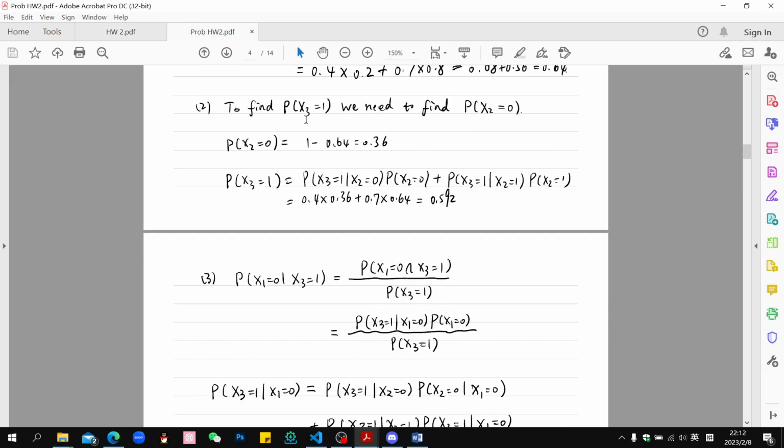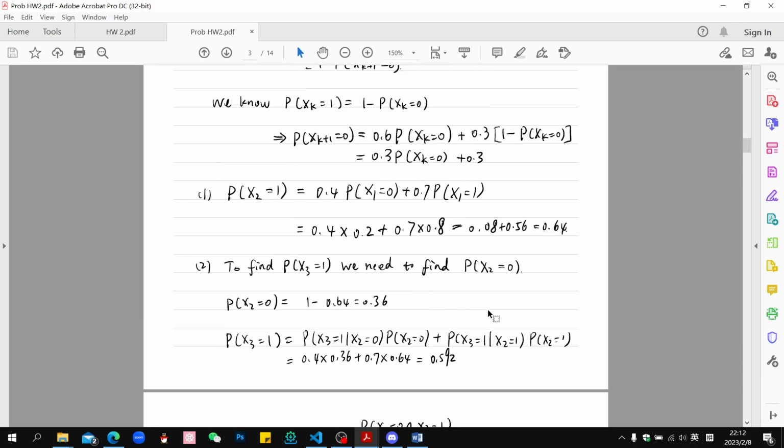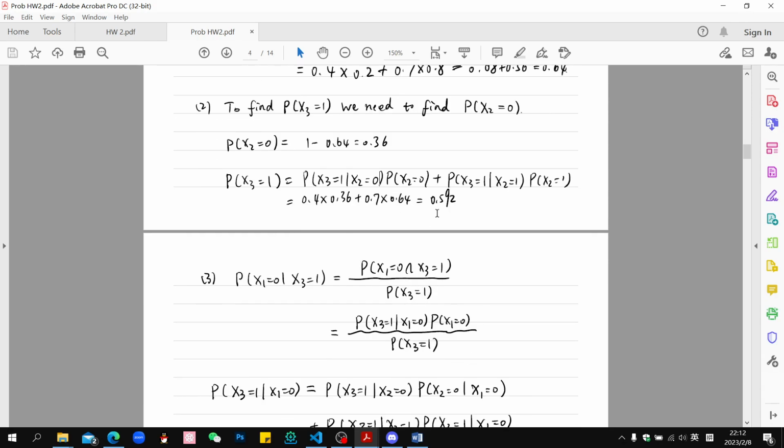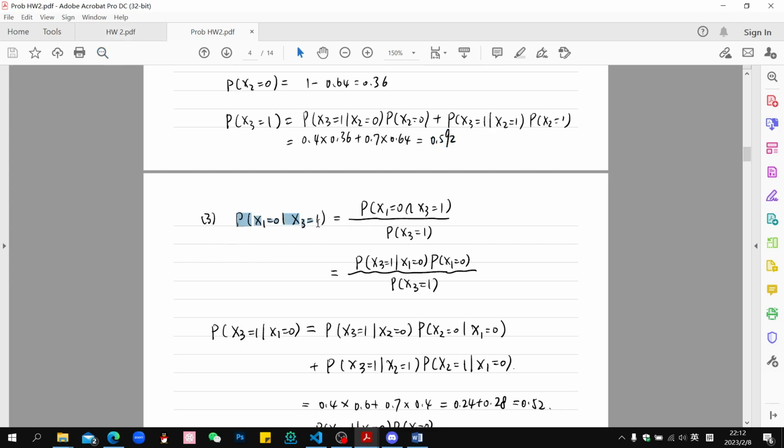So basically we have to find the probability of x2 equals 0 first. That is 1 minus the previous result, that is 0.36. Then we can calculate in a similar manner, and here the result is 0.592.